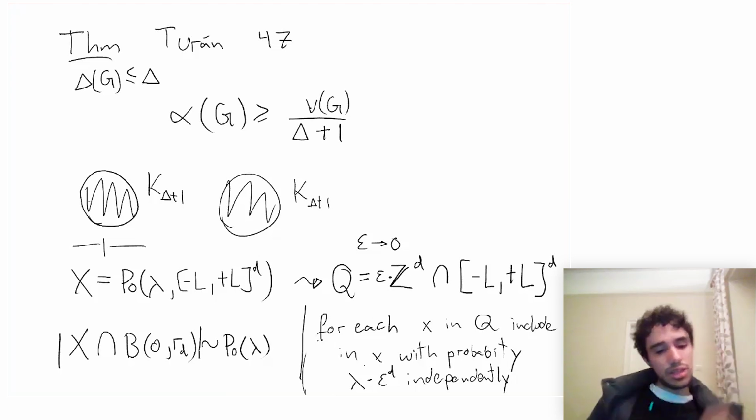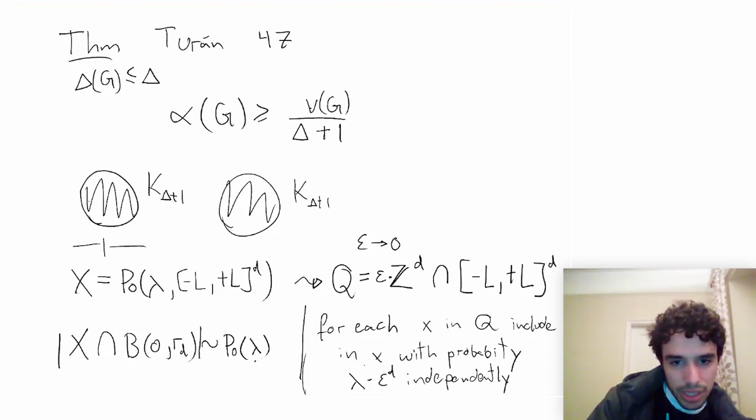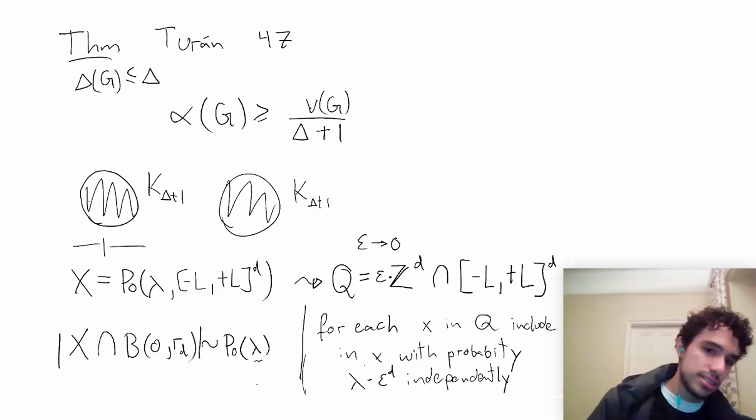Okay, and so the point is that if we take lambda to be large, the number of points in each ball would be very concentrated, just by the concentration of the Poisson random variable. So we should expect it to be very concentrated about its mean, which is basically lambda. So we expect to see in each ball basically lambda points.